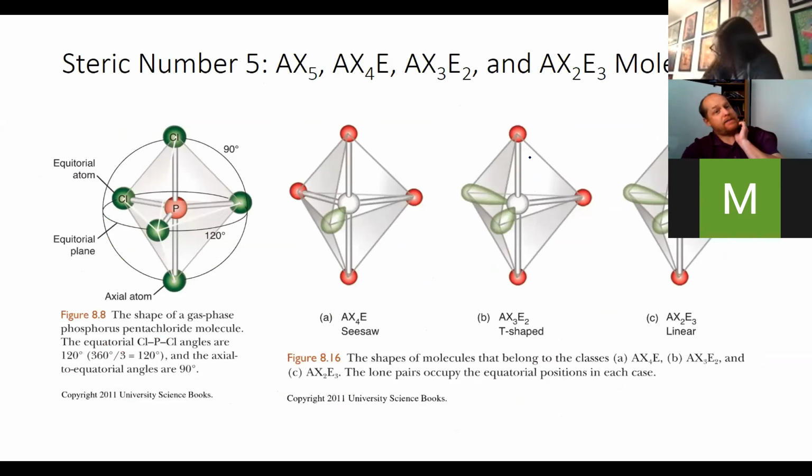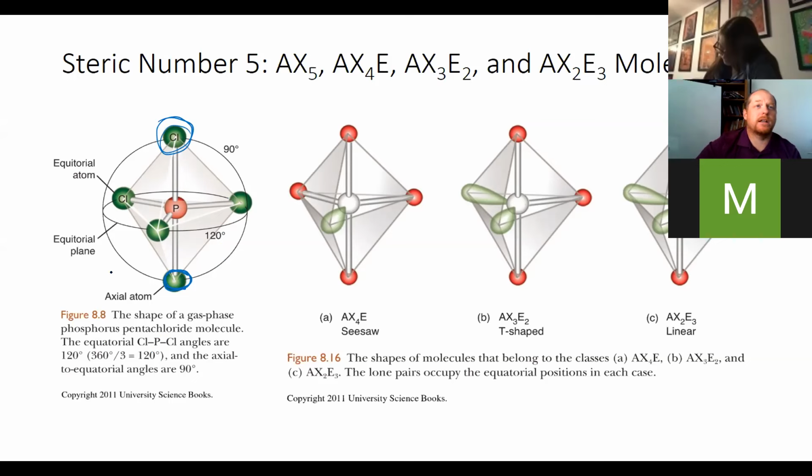Steric number 5, and we're not going to get into in-depth examples of these. What I want you to see is when you have steric number 5, you have equatorial and axial atoms, okay? The axial atoms are going to be located right down at the bottom and the top of this linear axis that runs through the chlorine-phosphorus-chlorine bond.